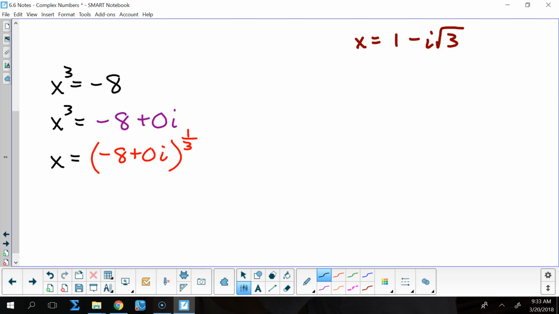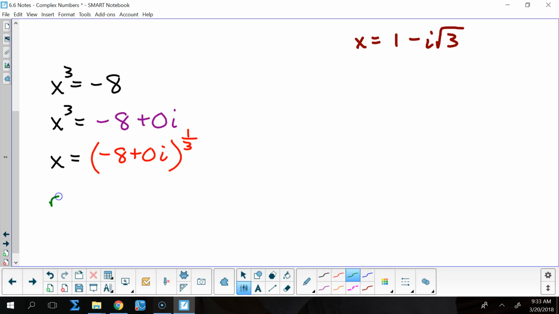Now, I've got a complex number taken to a power. How did we do that yesterday using de Moivre? What does it need to be in? Which form? Trig form, right? So let's put it in trig form.